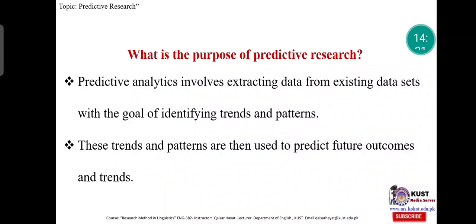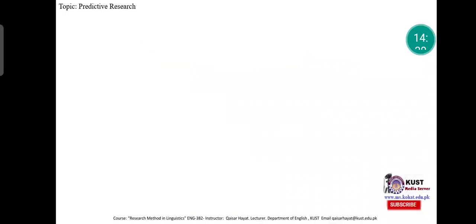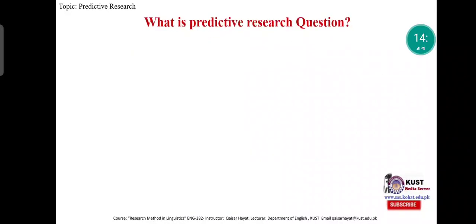Then, considering these areas, you would predict and the outcome would come. Now, after knowing the answers, let's see the questions that exist in predictive research. Predictive research is actually research in which you make a prediction about a phenomenon.